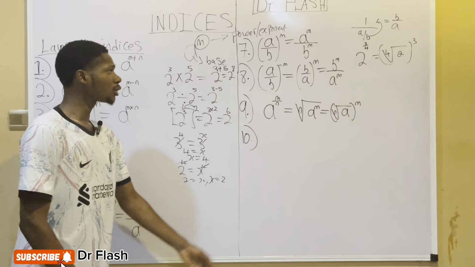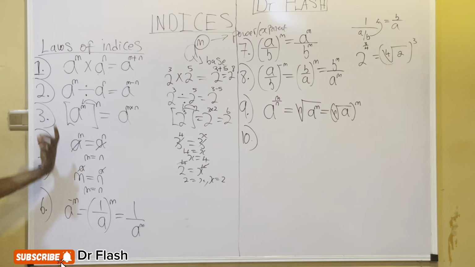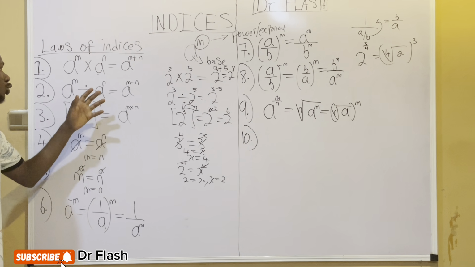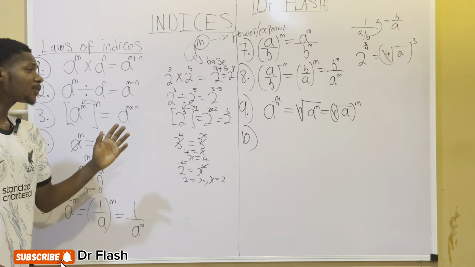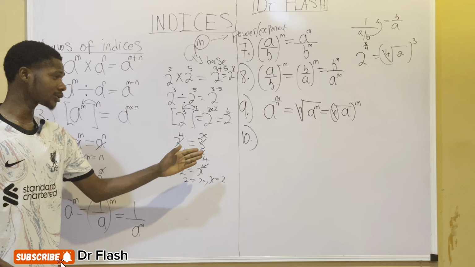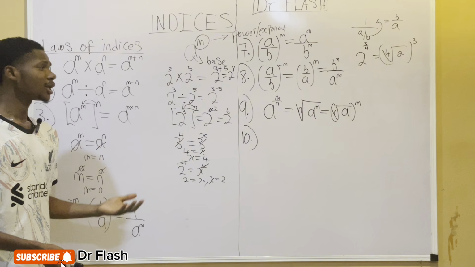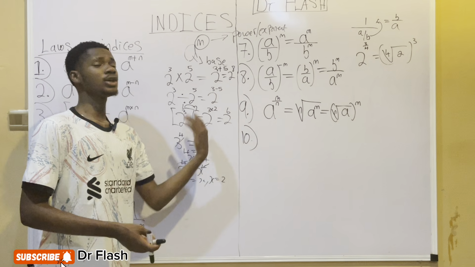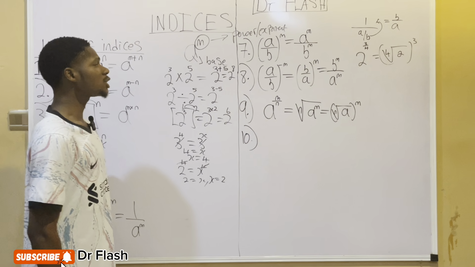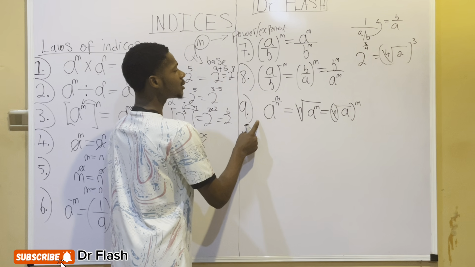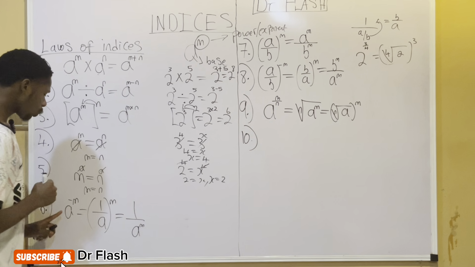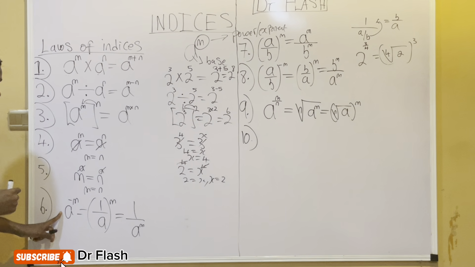Now for law 10, I'm going to combine any of these. I can choose to combine law 1 and law 2, law 3 and law 4, or any one. So I'm simply giving law 10 on the board to show you that it is gotten by combining any of these. So what I'm going to do in this case is combine law 9, and then when we're having a negative exponent, that is what I'm going to do.